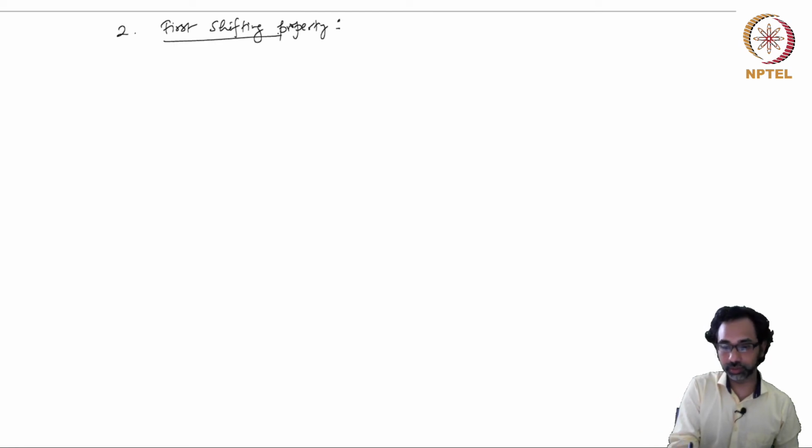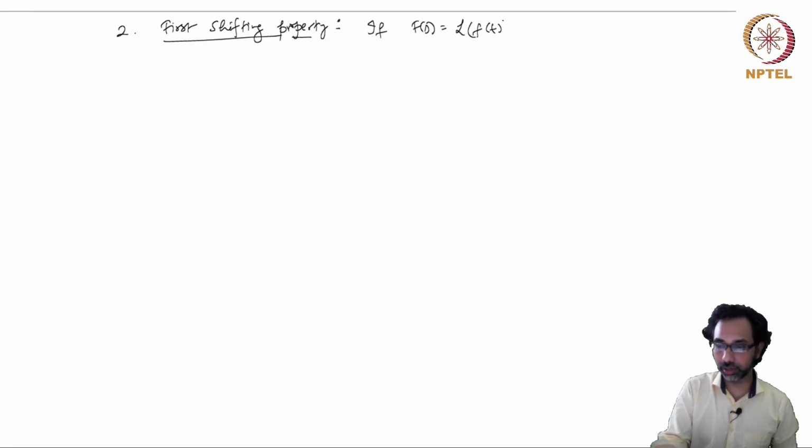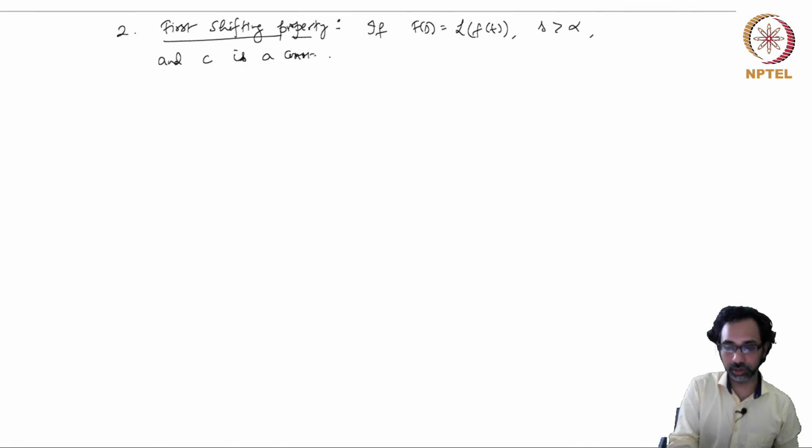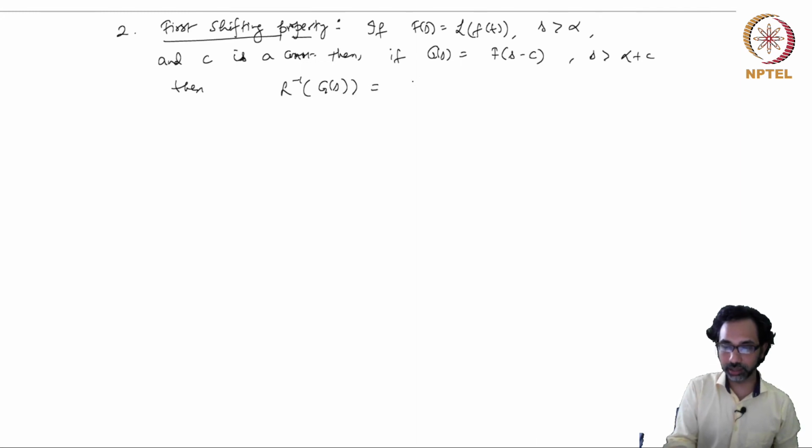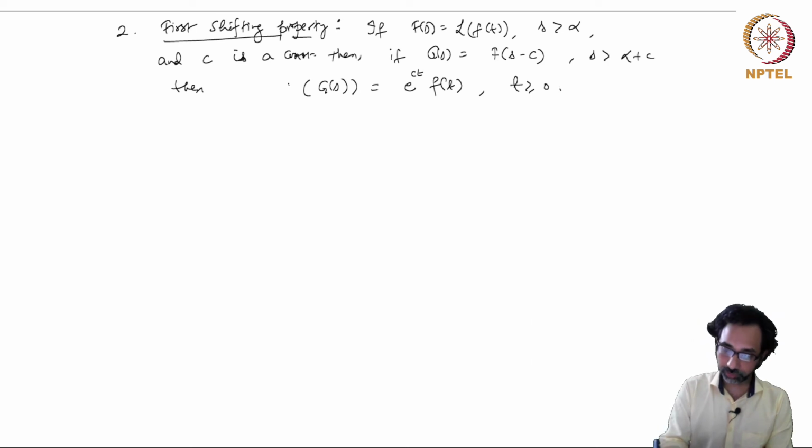For L inverse, if F(s) is the Laplace transform of f(t) defined for s greater than alpha, and c is a constant, then if G(s) is defined as F(s minus c), where s is greater than alpha plus c, then the L inverse of G(s) is equal to e to the power ct times f(t) for t greater than or equal to 0.